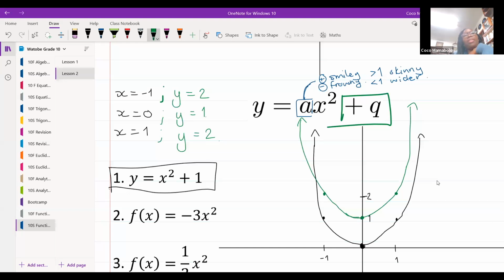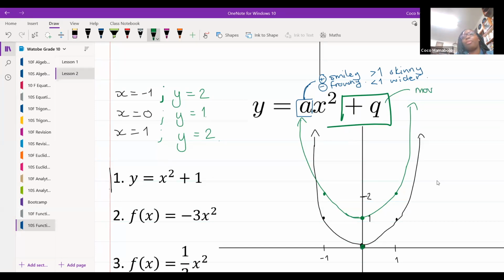Okay, over here. Remember the other one, the original graph turned at 0, 0. Where does this one turn at? 1. Good, at 1. So basically what I've done, I've taken my graph and I've moved it up by what? By 1 unit. Do you see that? I've moved it up by 1. So what does Q actually do?